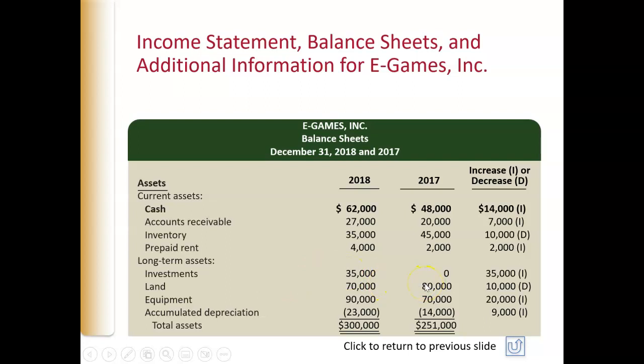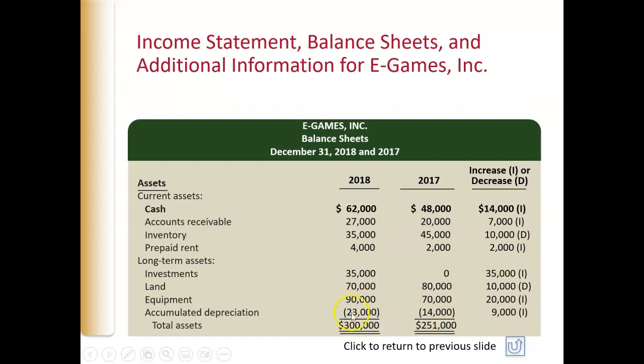Land, look at that, guys. Land went down from 80. It decreased 70,000. Equipment increased by 20,000. And you see here our accumulated depreciation really shows what we had in depreciation expense for the year.